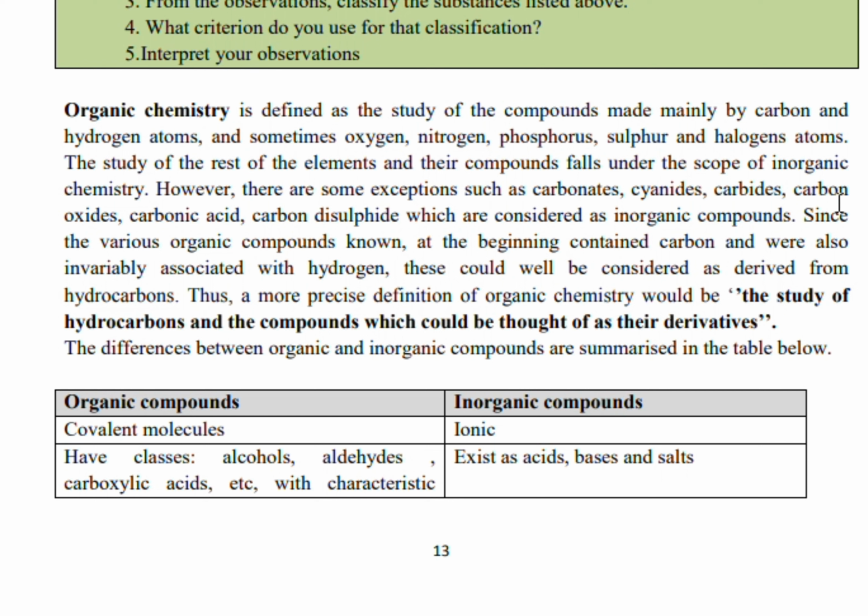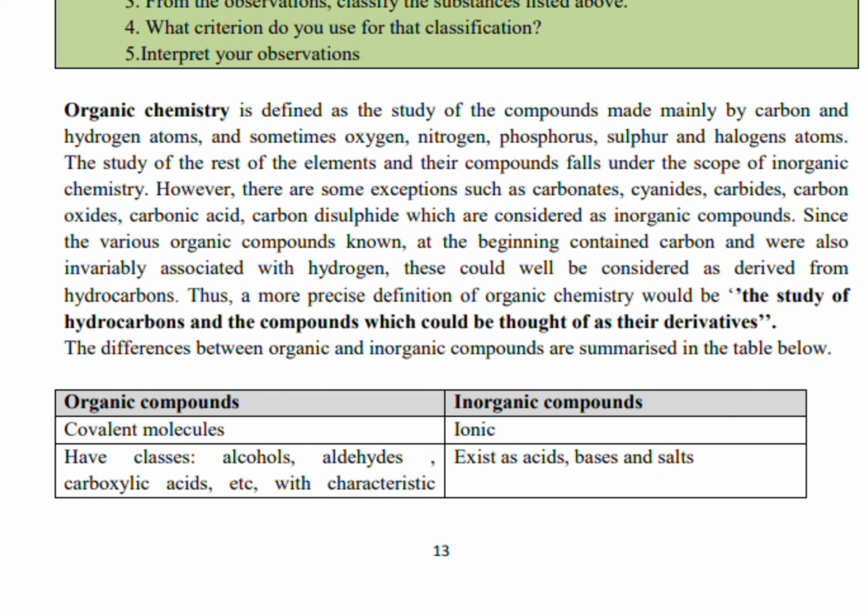It means that we can have a hydrocarbon chain made of carbon and hydrogen. That one is an organic compound, but we can have derivatives of this one where a hydrogen atom is substituted by halogen atoms, nitrogen, oxygen, sulfur, and so on.